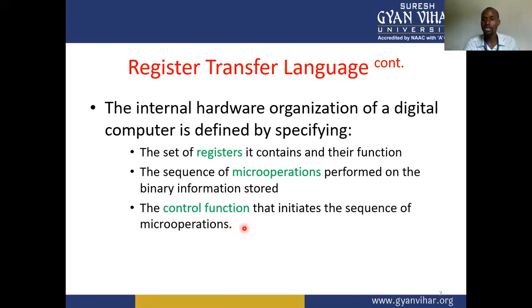So whenever we want to communicate, there needs to be a guard, just like in the main gate of any university, we require a guard to be there so that it can allow existing members, also register new members that are coming in so that they can be known what they are going to do, or if it is the right time for them to enter into the university, or if they are not required, then what they need to do so that they can be accepted. So this is what your internal hardware similarly has to specify. That is the registers, micro operations, and control function.